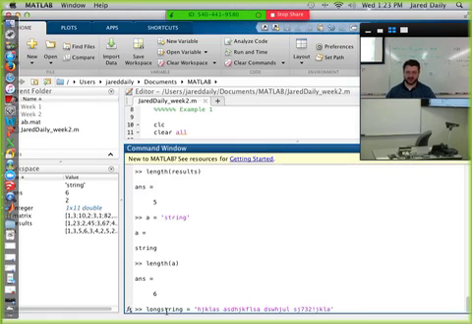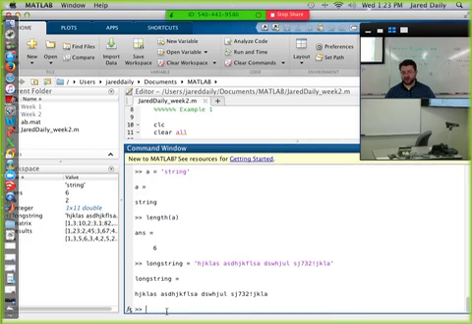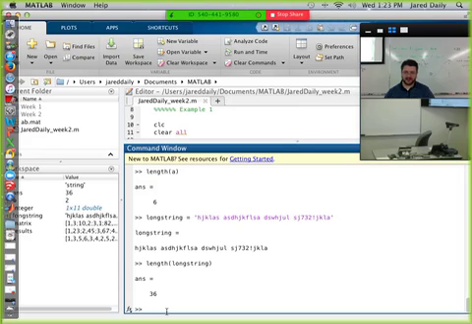I have this long string of things I've entered into MATLAB. It knows what it is, but I don't know what the length of it is. I can type in the length of long string, and it will tell me that there are 36 characters in there. And that includes spaces and any kind of punctuation you put in there. Again, something else that can be quite useful.